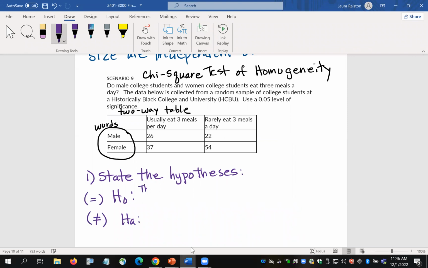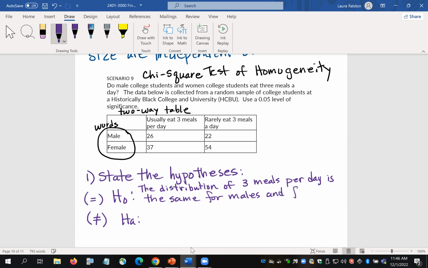So the null: the distribution of 3 meals per day is the same for males and females. Again, the null implies that it's equal.